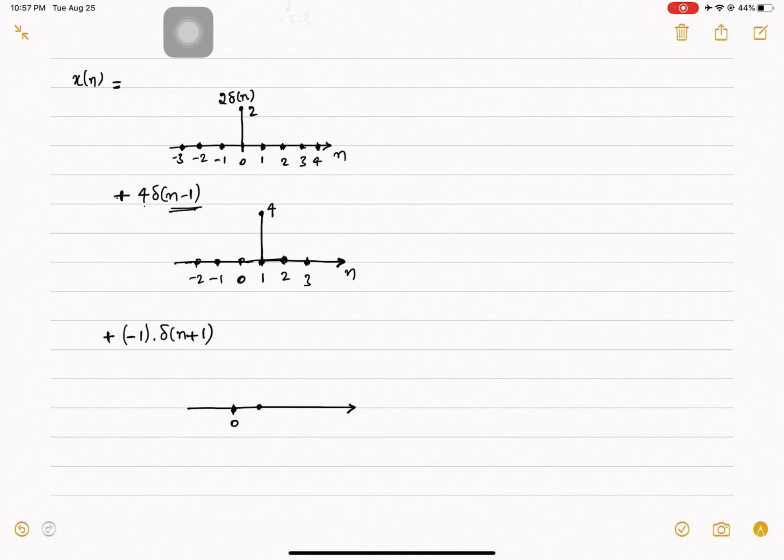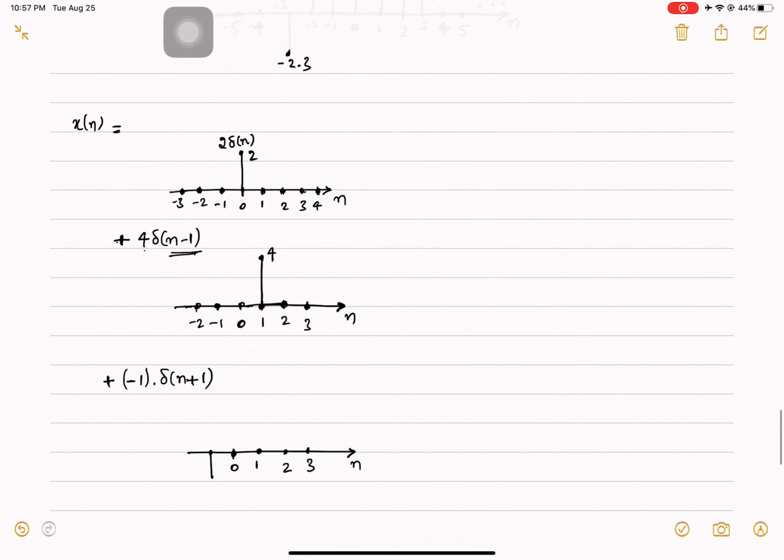This is +1 where it is 0, and at +2 it is 0, at n equal to +3 it is 0. Sorry, at n equal to -1 it is +1. Okay, at n equal to -2 it is 0, so on and so forth. At n equal to -3 also it is 0, and for all the other values of n it is 0.